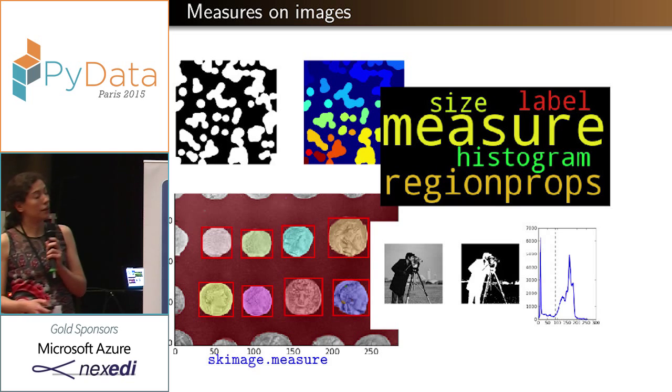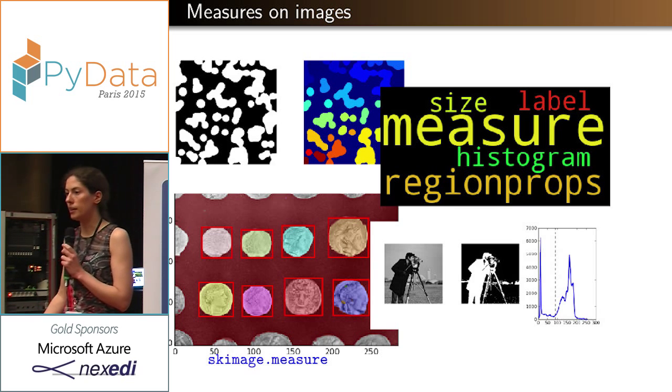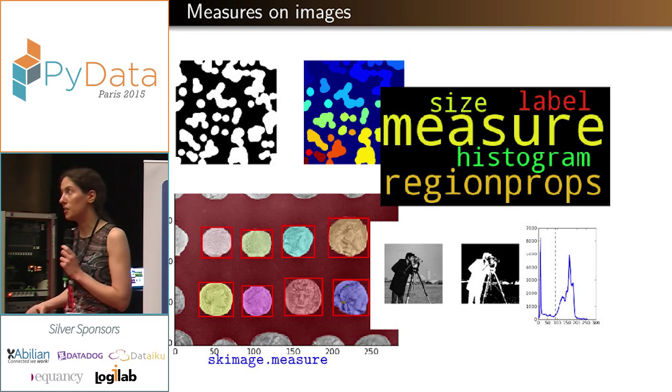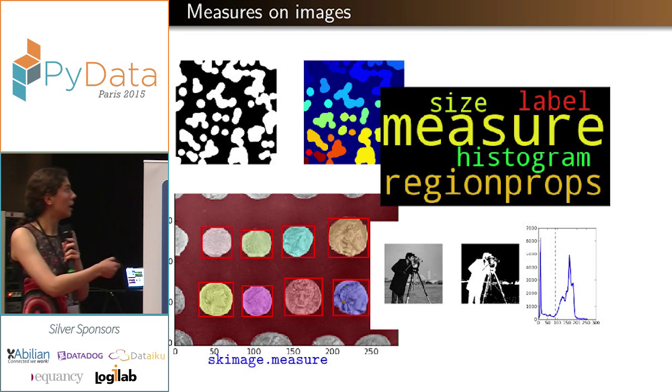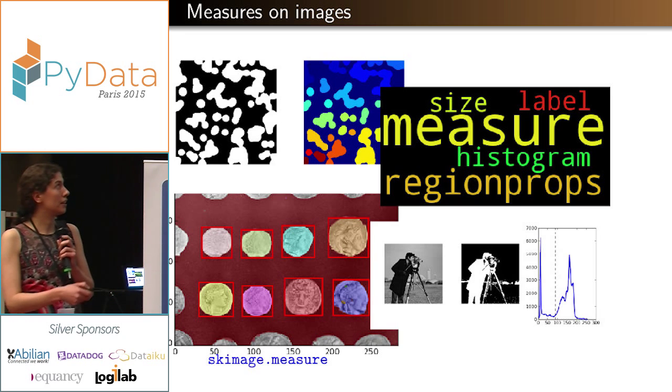After you've done image segmentation, you have some regions, and in order to do some science out of it, usually you want to compute statistics on these regions. You have a whole submodule for this, Scikit-image measure, implementing a lot of different measures on the regions.